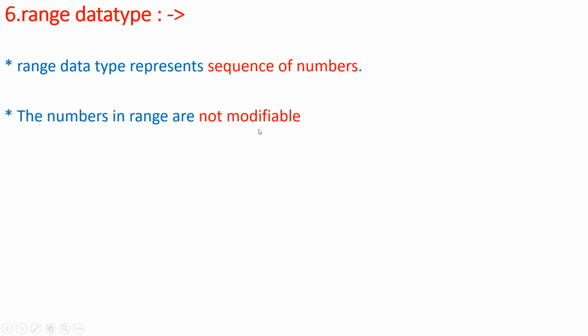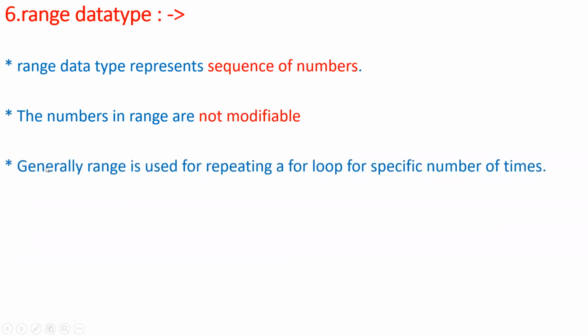The numbers in a range are not modifiable. Once you put the information, it is fixed and later you can't change it. So to get another, you have to create another range variable.